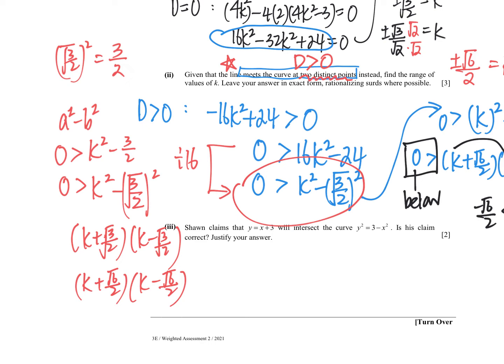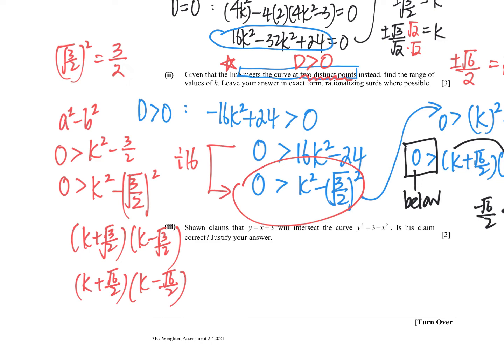I'm not changing anything because 3 over 2, if I square root, is power half. If I square it again, it's still 3 over 2. So I'm just introducing the square so that I can use my a plus b, a minus b. So this is when your quadratic inequality involves surds.